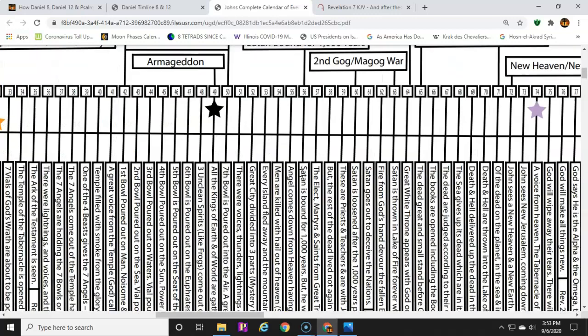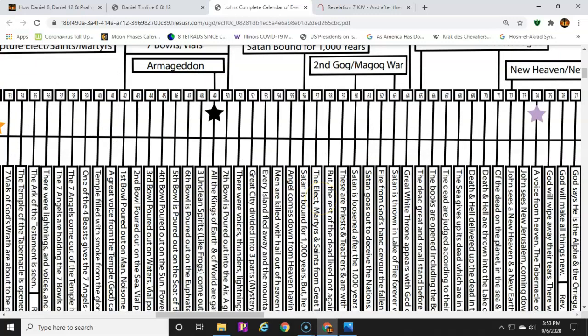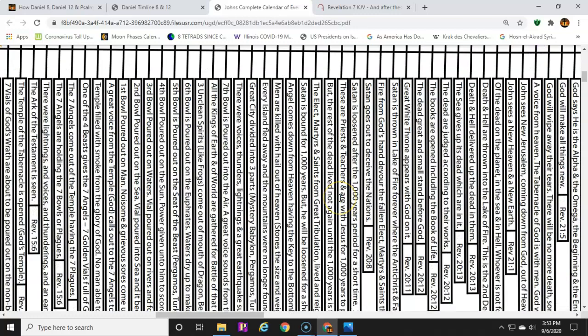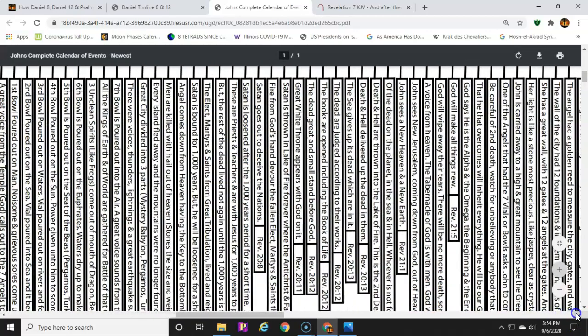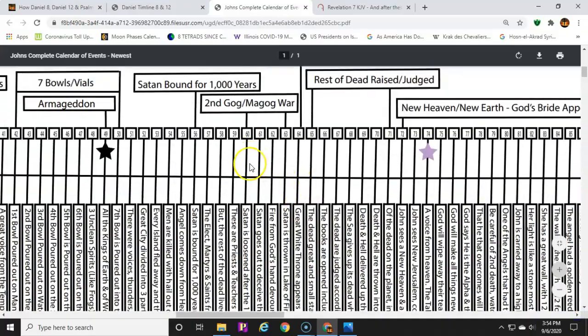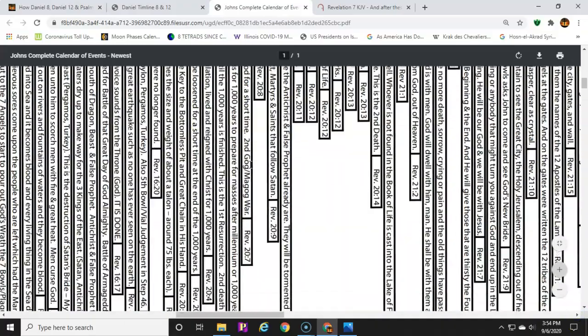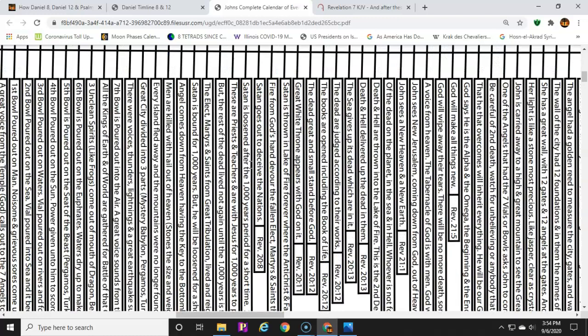And this is why we know that the Gog of Revelation 20 is not the same as Ezekiel 38, 39. Because once they've been deceived, and he is released after that 1,000 years, and he deceives those people at the end of the 1,000 years, he destroys them by fire from his own hand.